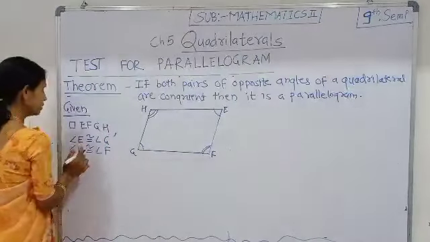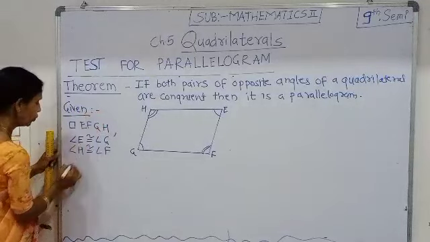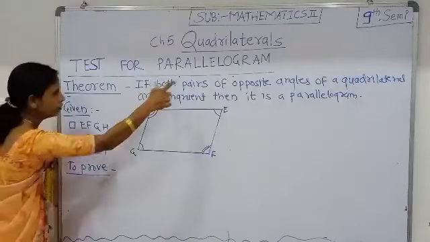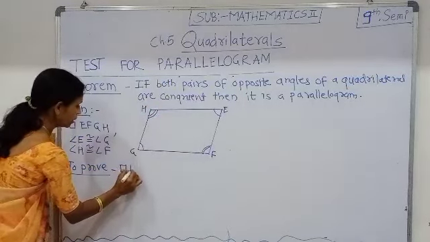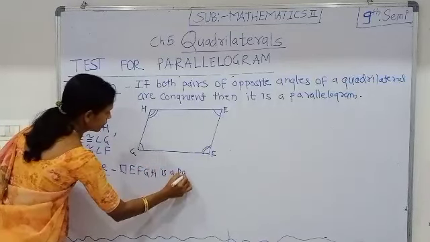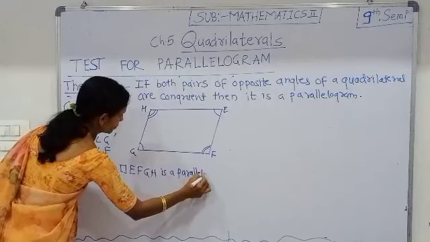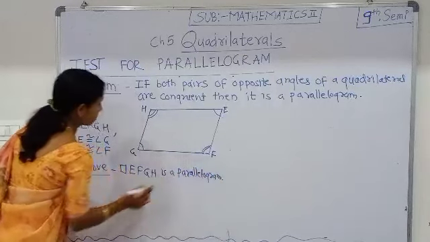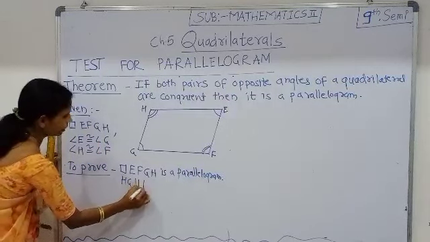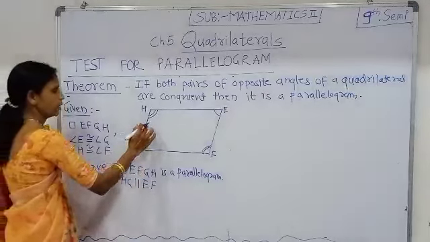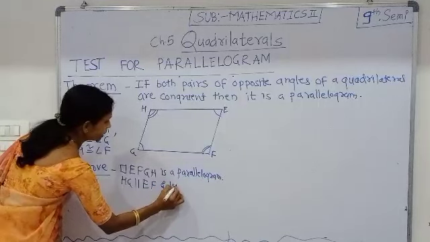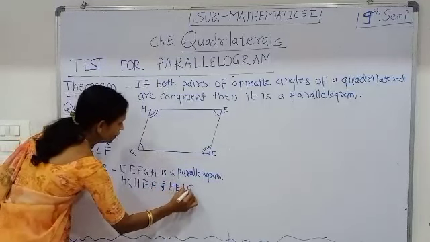From this given data, we have to prove that quadrilateral EFGH is a parallelogram. That means we have to prove that HG is parallel to EF and HE is parallel to GF.